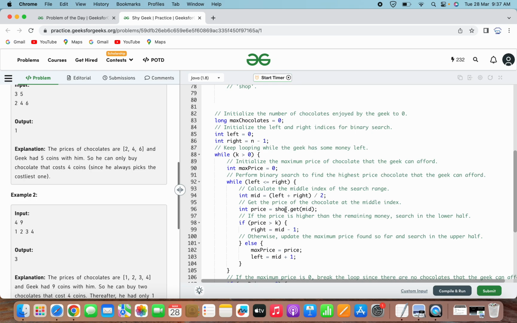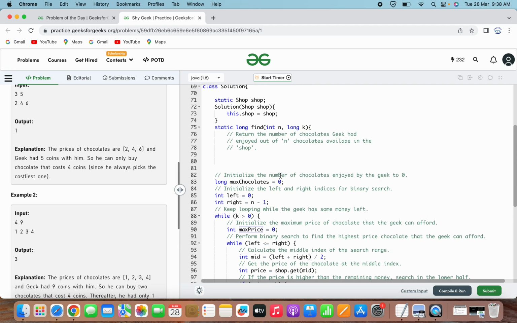If we call shop.get and pass the mid index, we will get that price. So we compare if that price is greater than k, then we do all the operations. Here, instead of keeping track of the number of chocolates the Geek has bought, it will keep track of the maximum price of the chocolate the Geek can afford using the max price variable that we are storing here. Once this while loop is done, at the end we will get the maximum price of the chocolate.